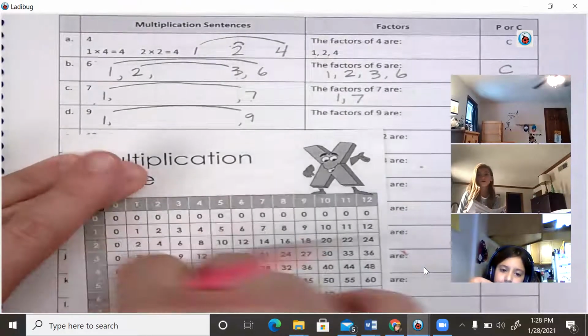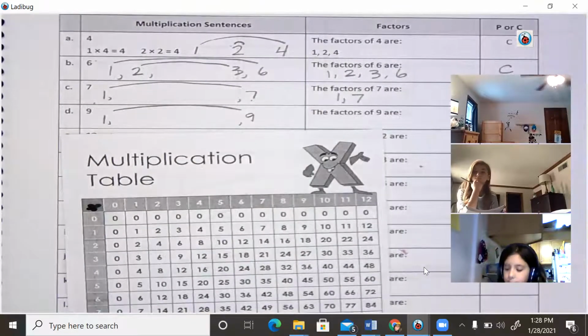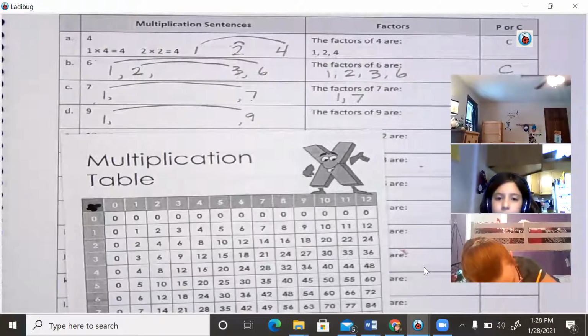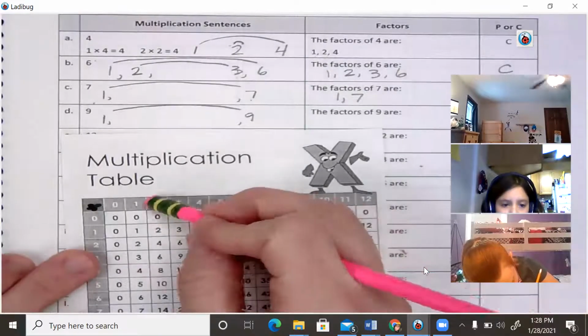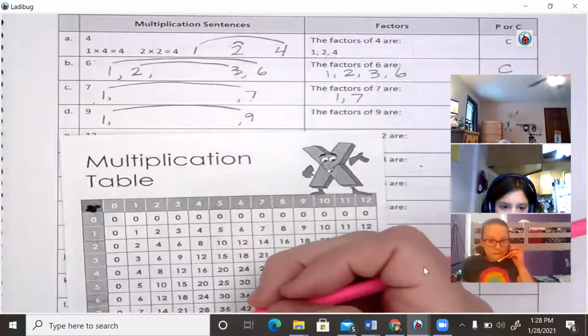No, and you could know because 2 is an even number. Here's a trick for you. 2 is always a factor of even numbers. So any odd numbers will never have a factor of 2. If you look down the 2s, you don't see any odd numbers.